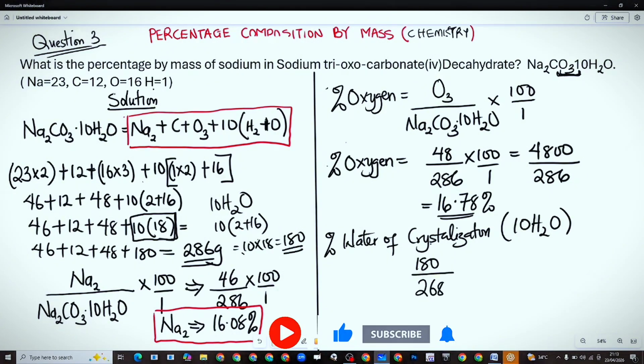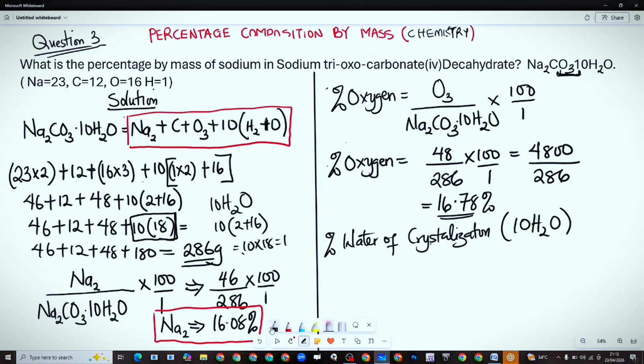286. For those who want me to break it down some more, for the water of crystallization, it's just going to be 10H2O over Na2CO3 times 10H2O, times 100 over 1.